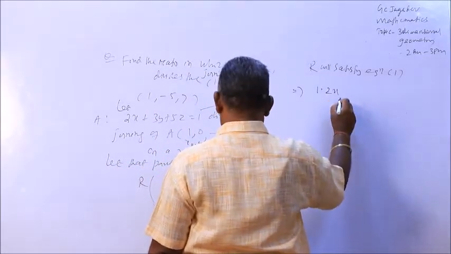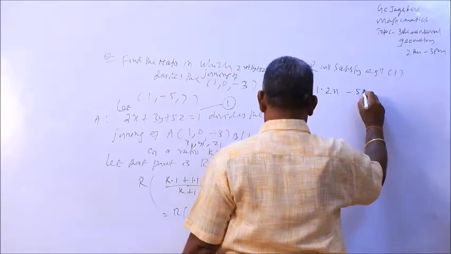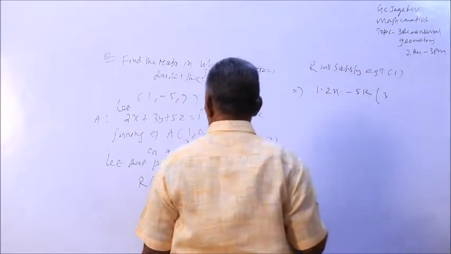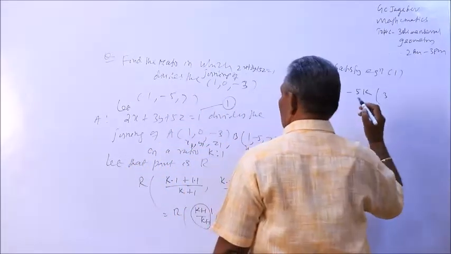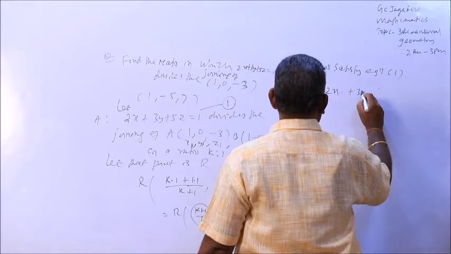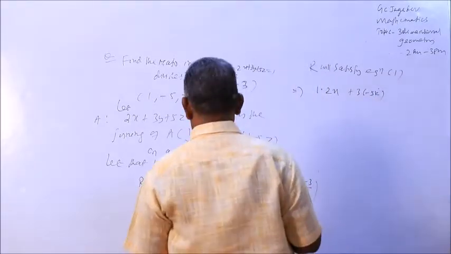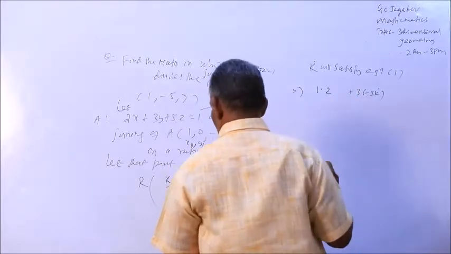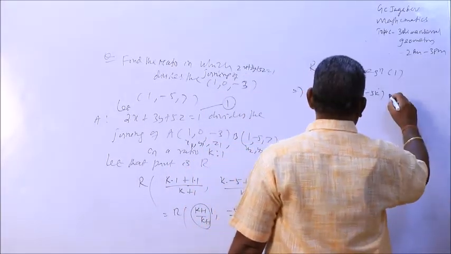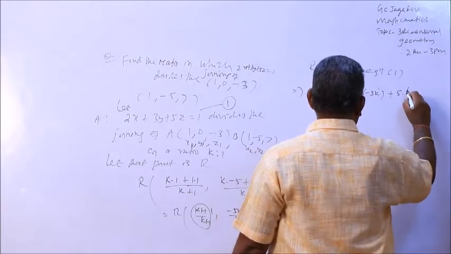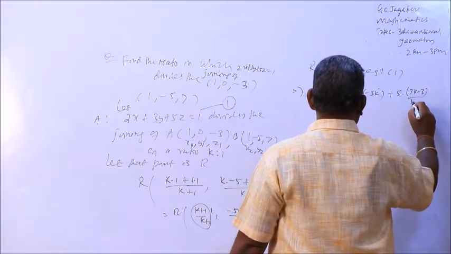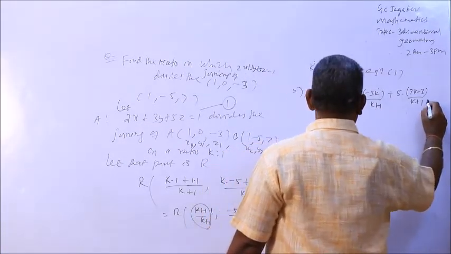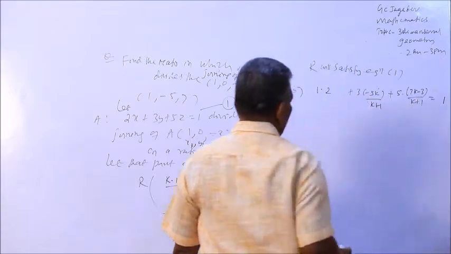That implies 2 into 1 plus 3 into minus 5k plus 5 into 7k minus 3 by k plus 1 equals 1.